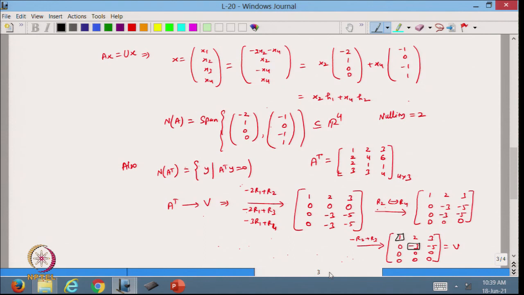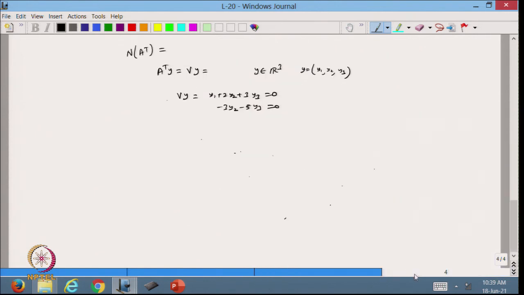In this case also these are my basic columns and the last one is my non-basic column. So, I can write everything in terms of y3. From here you can see that y2 can be written as minus 5 by 3 y3, and if I put it here, then from the first equation y1 can be written as minus 2 y2 minus 3 y3, with y2 written here.